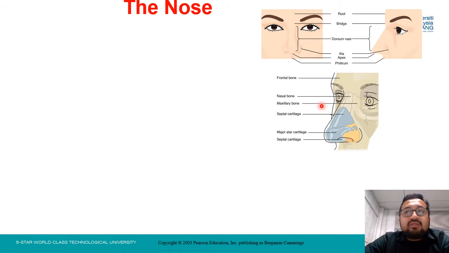The difference between bone and cartilage is that bone is more compact, more hardened in nature, while cartilage is softer. And then here is septal cartilage, where it divides into right and left, and then major alar cartilage here, and then septal cartilage as well.